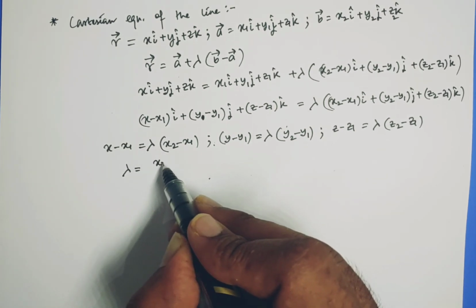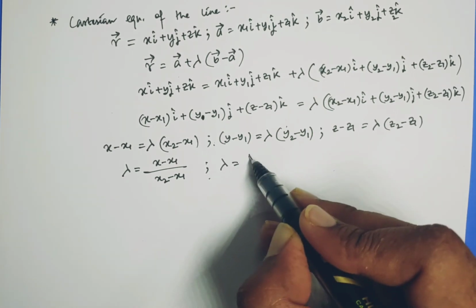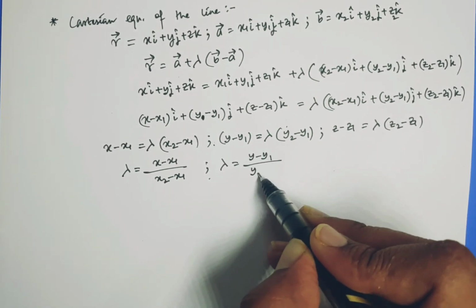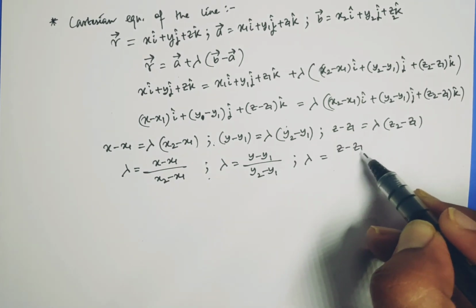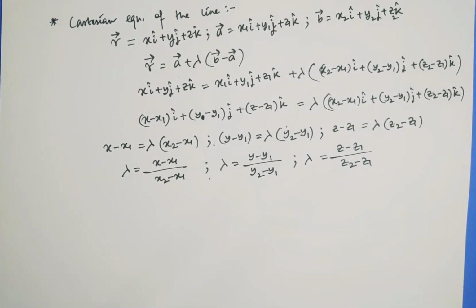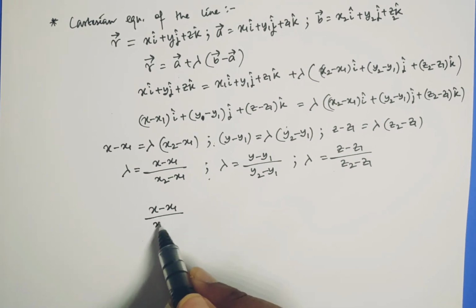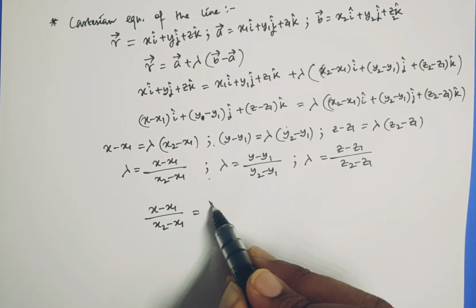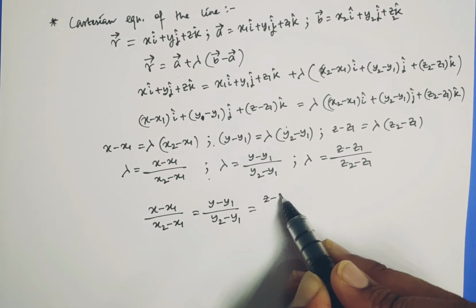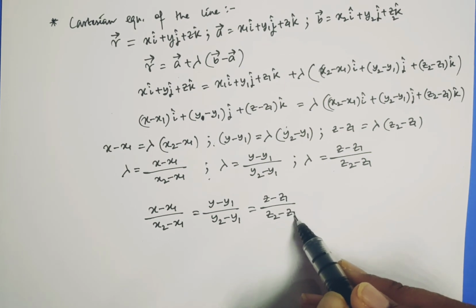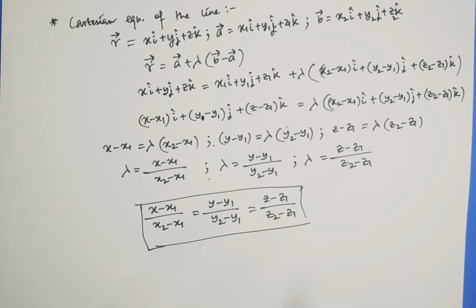Lambda is equal to (x minus x1) divided by (x2 minus x1), and here lambda is equal to (y minus y1) divided by (y2 minus y1), and here lambda is equal to (z minus z1) divided by (z2 minus z1). Clear? So equating lambdas, what do I get? (x minus x1) divided by (x2 minus x1) is equal to (y minus y1) divided by (y2 minus y1) is equal to (z minus z1) divided by (z2 minus z1). So this is our Cartesian equation of a line passing through 2 points.